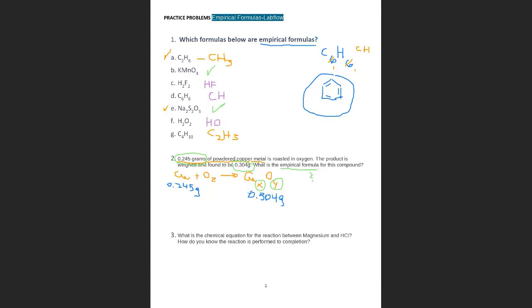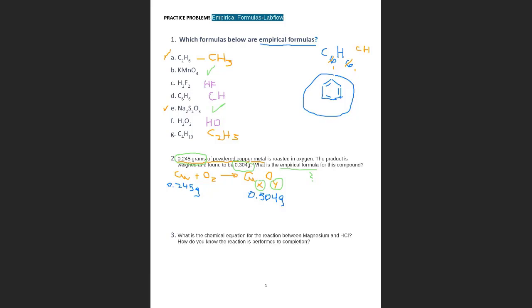In other words, we need to know the grams of copper and the grams of oxygen in the compound. Now I'm asking, what is the mass of copper in the product if the reaction went to completion?